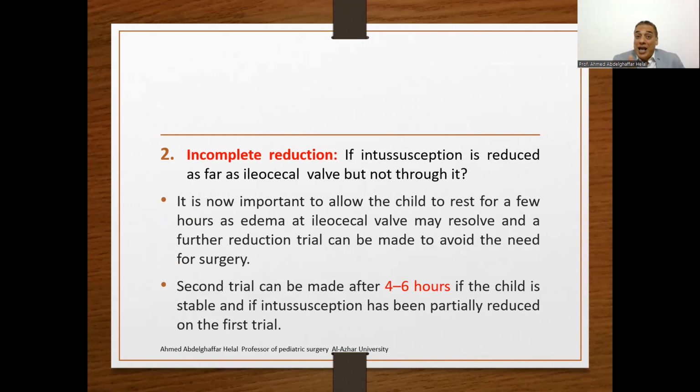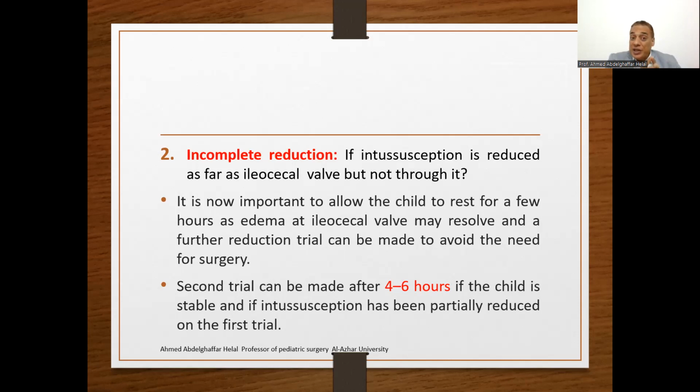Number 1, it's important at this point to allow the child to rest for a few hours, as the edema at the ileocecal valve may resolve and a further reduction trial can be made to avoid the need for surgery. Number 2, a second trial can be made after 4 to 6 hours if the child is stable and the intussusception has been partially reduced on the first trial.